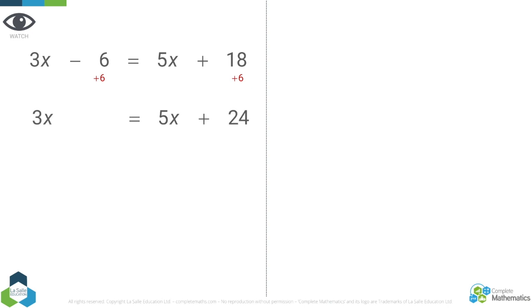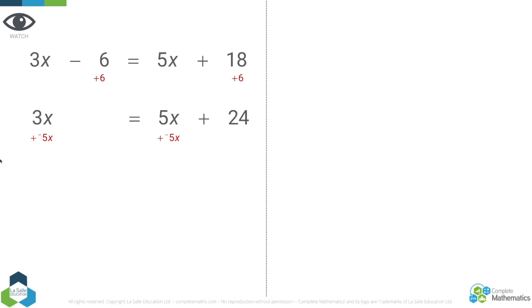On our next line, we're going to be left with 3x equals 5x plus 24. And now, if from before we want to remove this 5x because we're quite happy with numbers being on the right and we want to isolate the 1x on the left, so we can read off a solution 1x equals something. So we've got a positive 5x, so we have to add negative 5x to the right and also to the left.